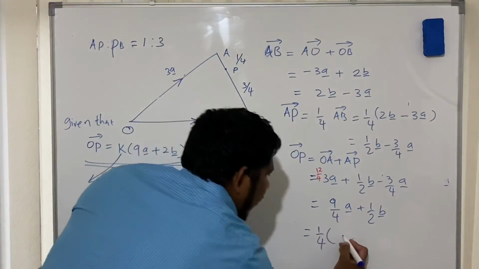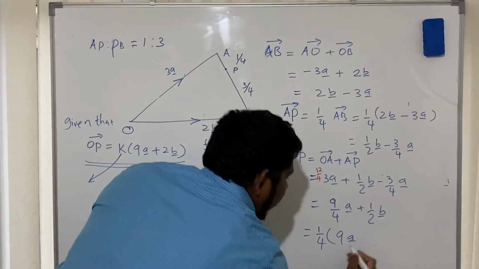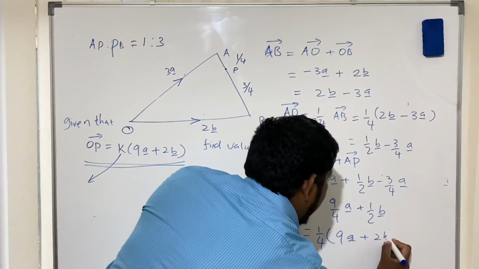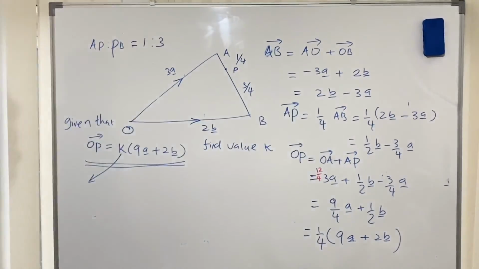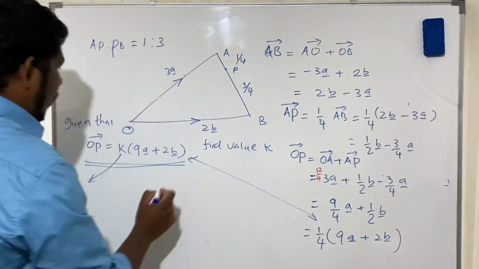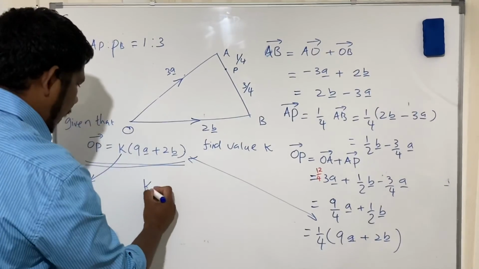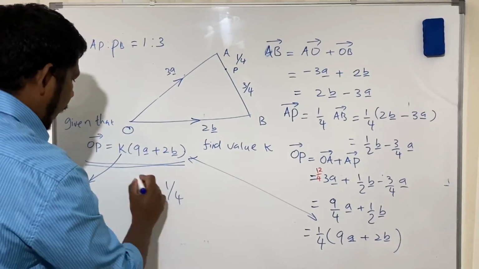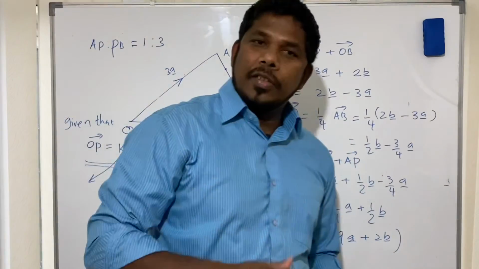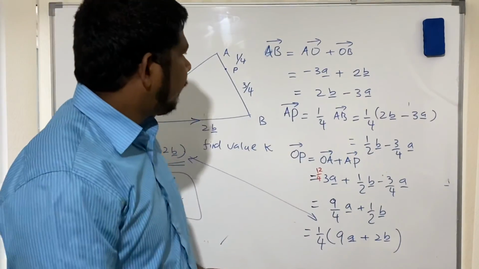So if I take it, 9A is left, and here 2B is left. Okay, so now we can compare these two answers. So we know K is 1/4.